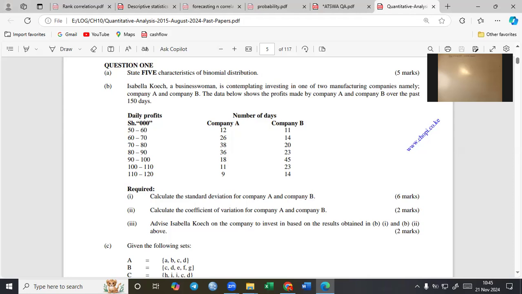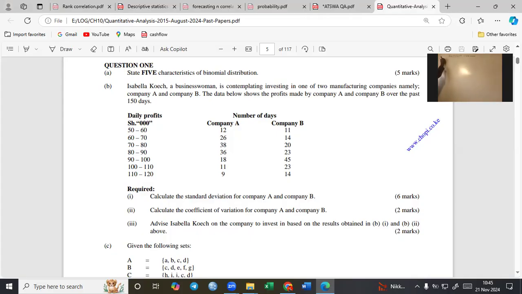So we need to do this for company A and company B. We start with company A, the standard deviation for company A. So we have the data. Let me write it first on the board.